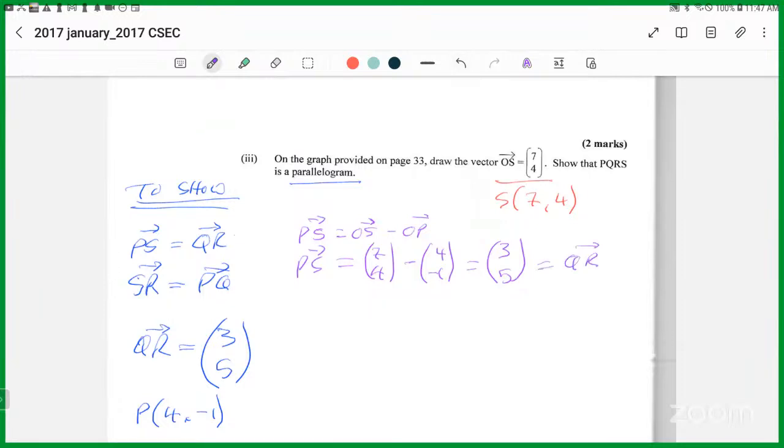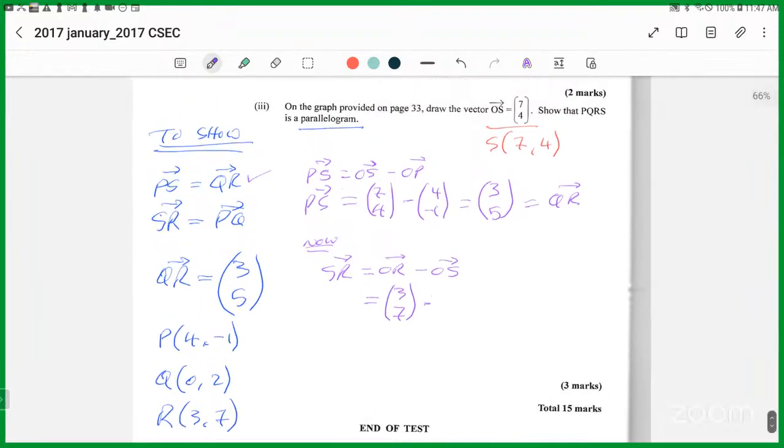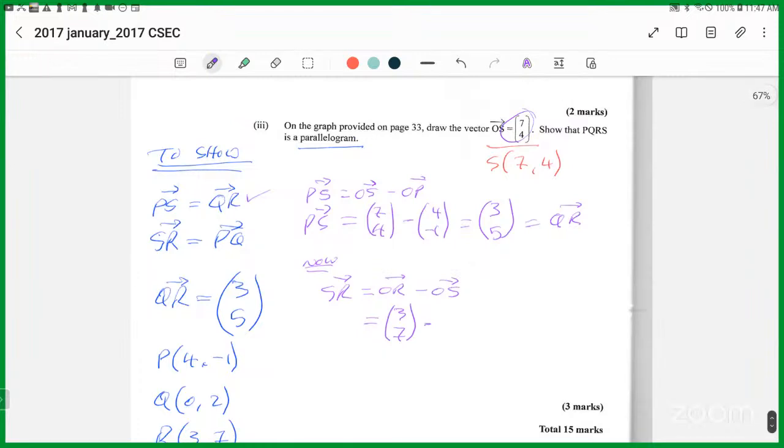So it means that PS is equal to QR. So we have shown this part already. We need to show this part now. So we need the SR and the PQ. How do I get SR now? It is OR minus OS, the last minus the first, which becomes OR, which is (3, 7), minus the OS, which is (7, 4).